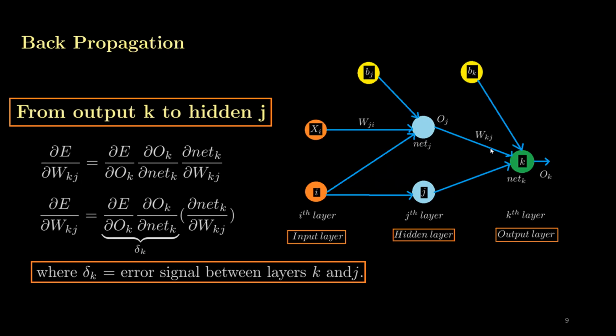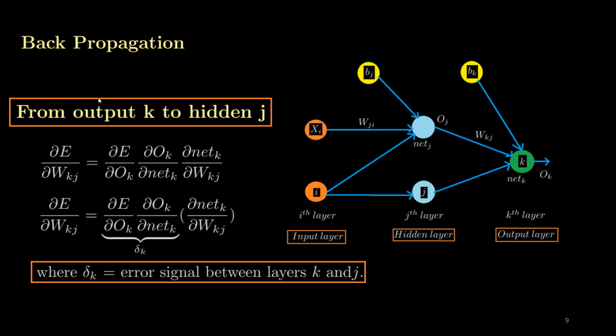Basically, if we move in the backward direction from the output layer to the hidden layer, it means we have to update the weight between the output layer and the hidden layer, and that weight is Wkj. We have to reduce the error with the help of this weight. Therefore, we have to write the equation dE by dWkj, that is, the rate of change of error with respect to weight Wkj.